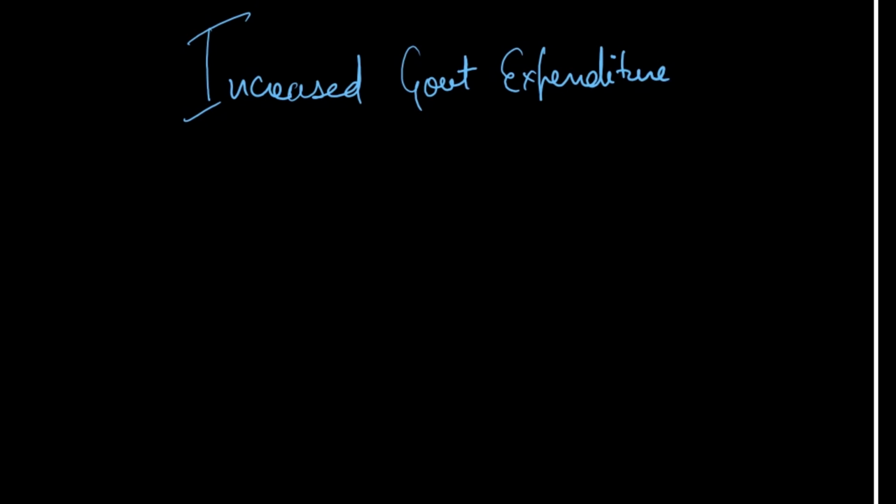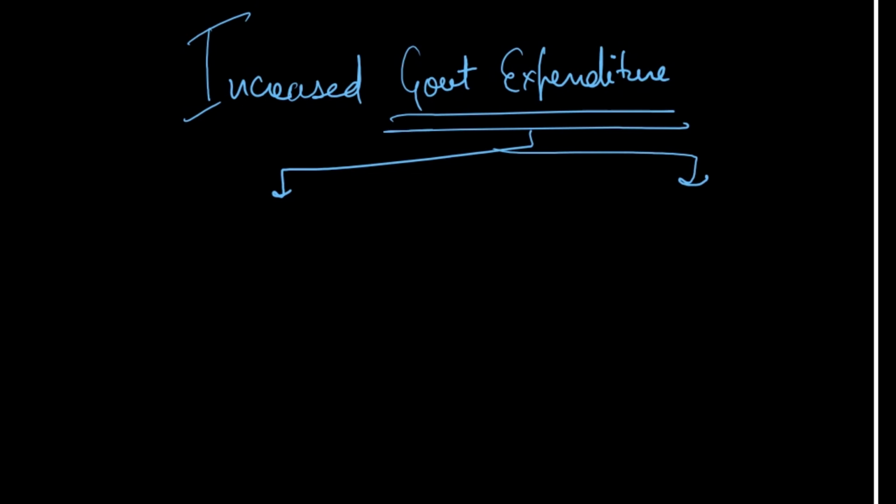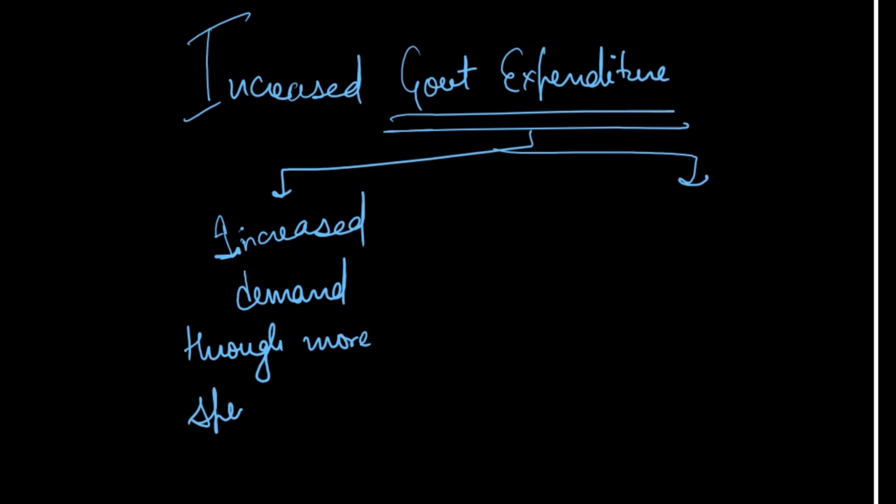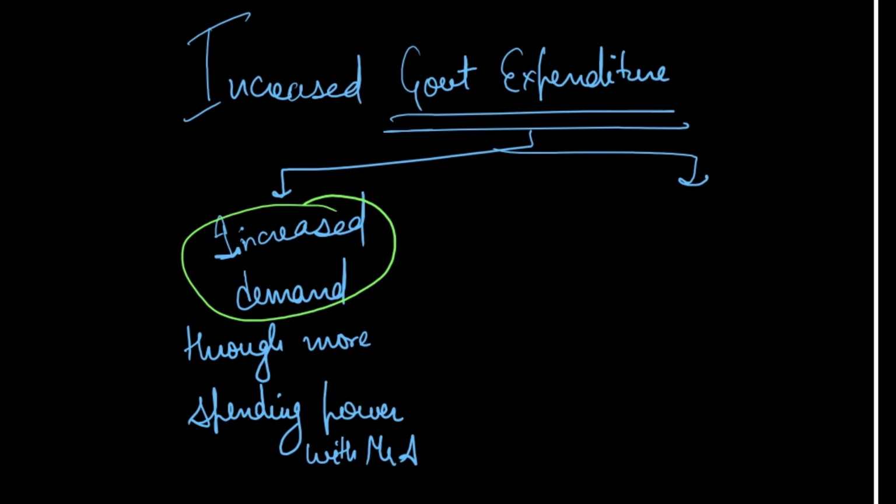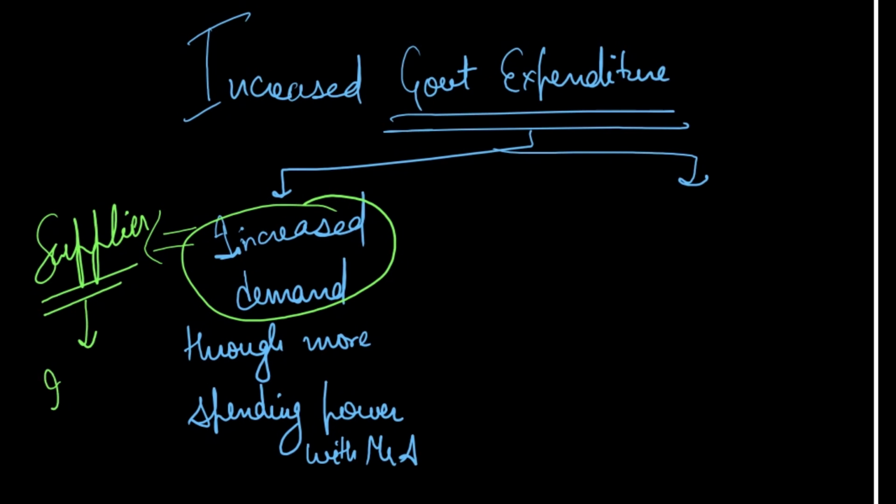So, increased government expenditure results in increased demand through more spending power for Mr. A. This increased demand will push suppliers to increase production, so increased GDP.